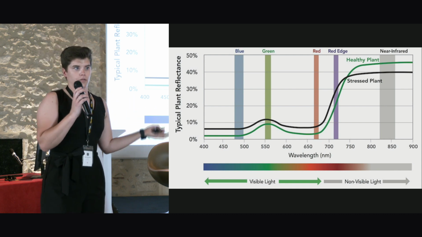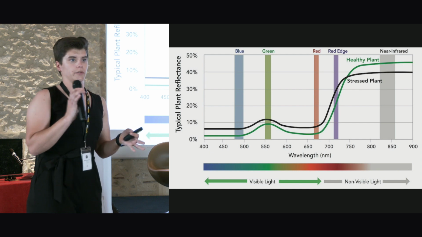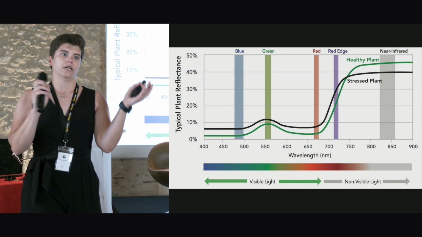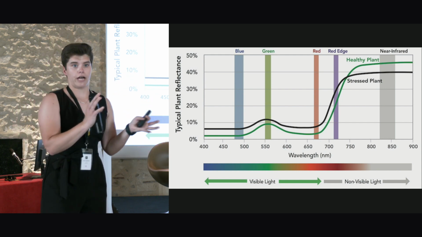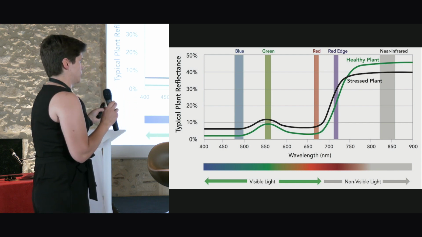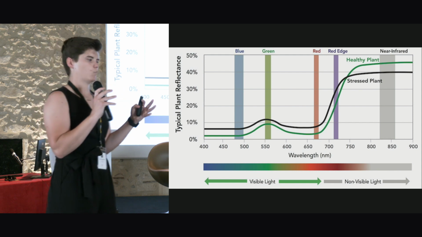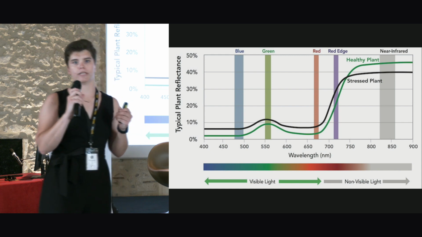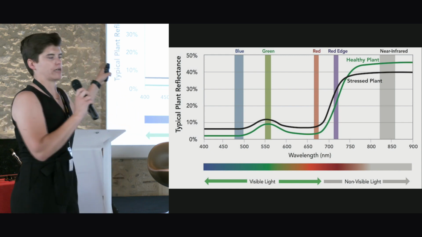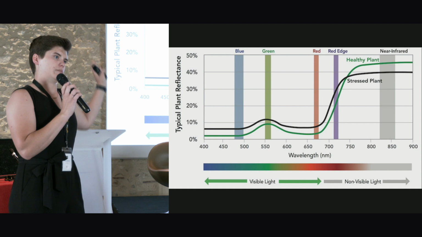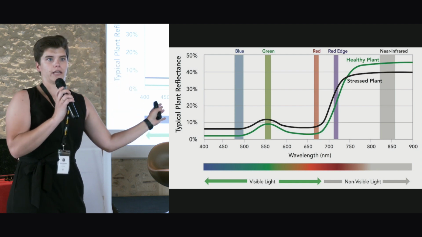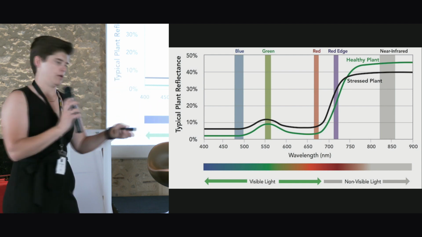So using our 10-band system, especially because it has 10 bands as opposed to something that has 3 to 5, we're able to get a much more detailed view of where exactly on the multispectral spectrum the plants are lacking, or how they're unhealthy.